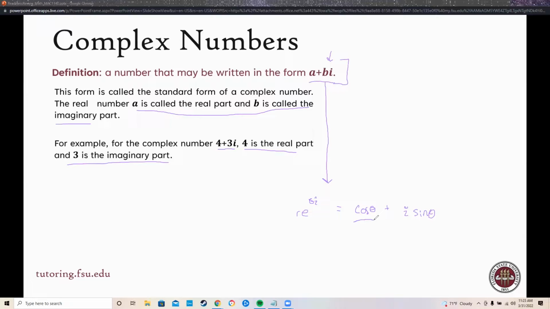Cosine here is synonymous with our real part, and sine here is synonymous with our imaginary part. So even in complex numbers, there is a trig and exponential relation to the standard a plus bi.